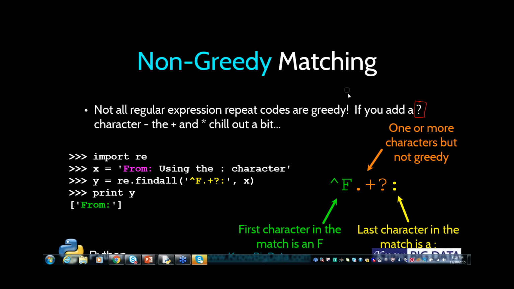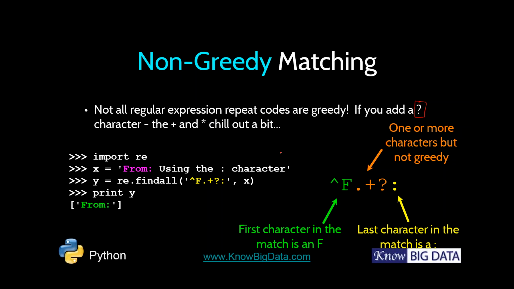Yeah. So how do we make it non-greedy? The same set of symbols we have used here, only an extra symbol which is a question mark after the any-character matching. Yeah.